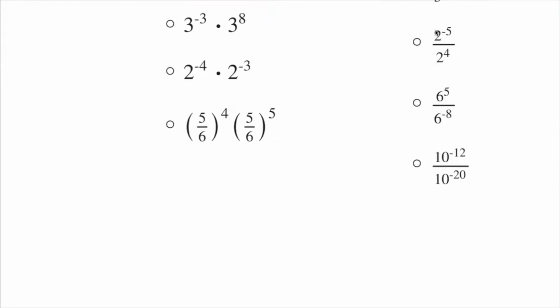So the difference is that these parentheses are indicating that this is a fraction, which technically means this is getting multiplied by itself 4 times. Put another way, it means that you're distributing the to the 4th power to both the numerator and the denominator.